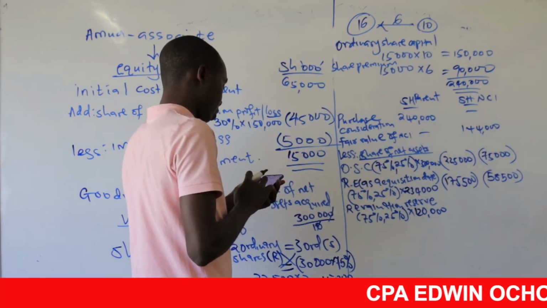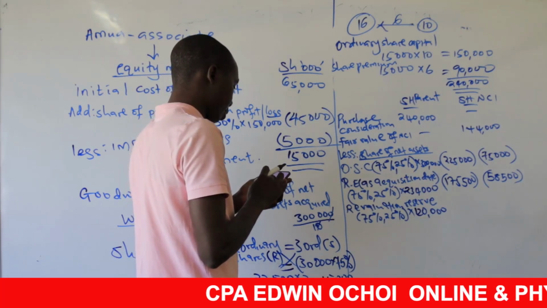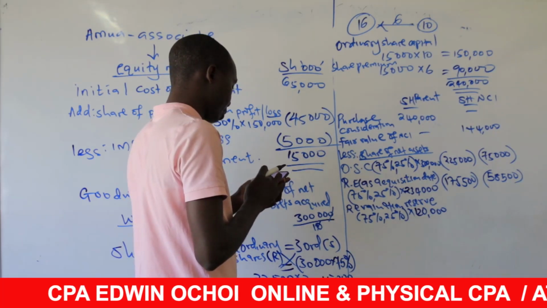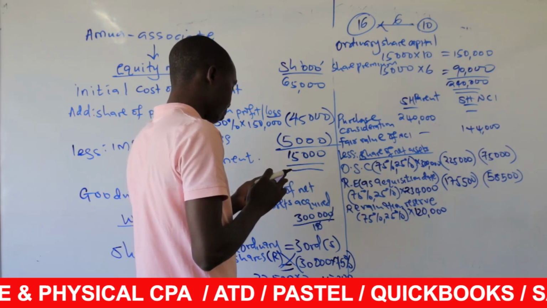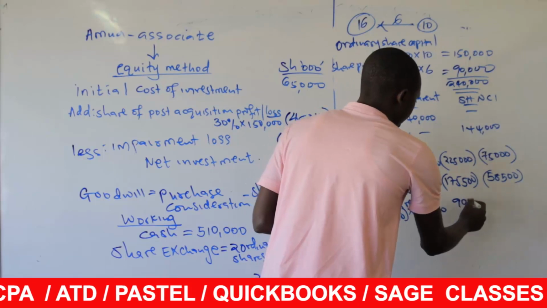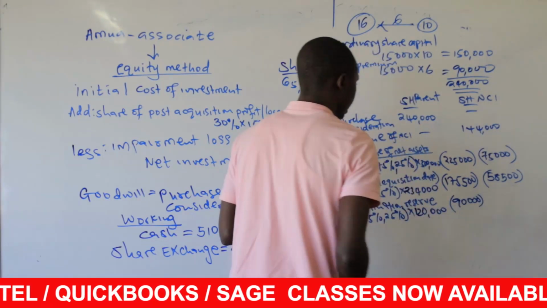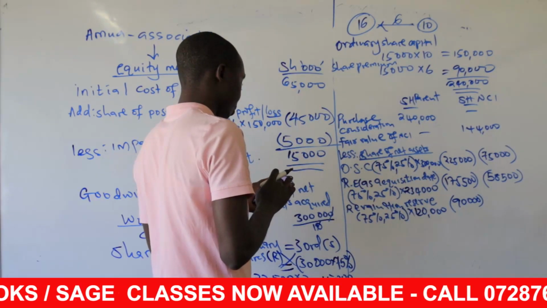Then the last one, 0.75 multiplied by 120,000. So that is 90,000.